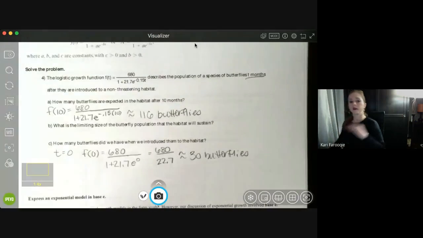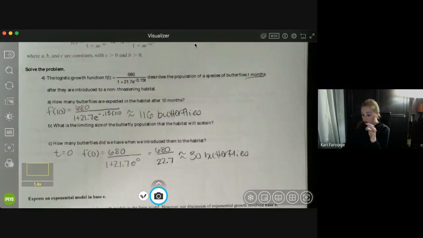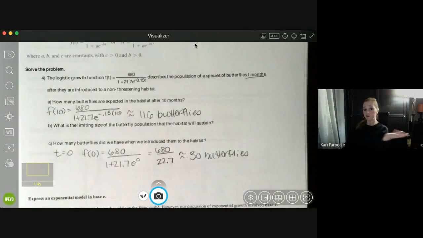Okay. Now, it is important here that the distinction was made that the habitat is non-threatening, because, for instance, if you're talking about animals in the wild, normally you talk about rabbit populations and you only think about the rabbits growing and growing and growing until some natural predator comes around and kills them off.